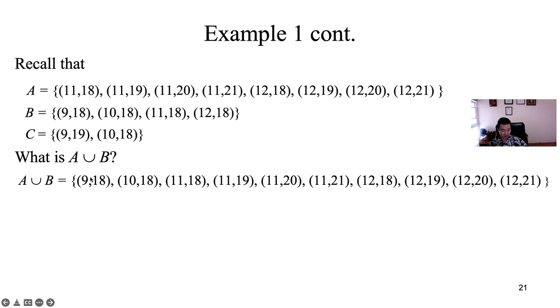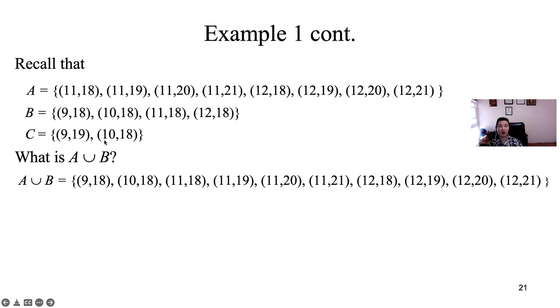If we try to find out what is A or B, with the half circle facing up, again, we call that A or B, or the union. What we do is we copy everything from A down here, and then we copy everything from B down here, but we do not repeat anything in common.